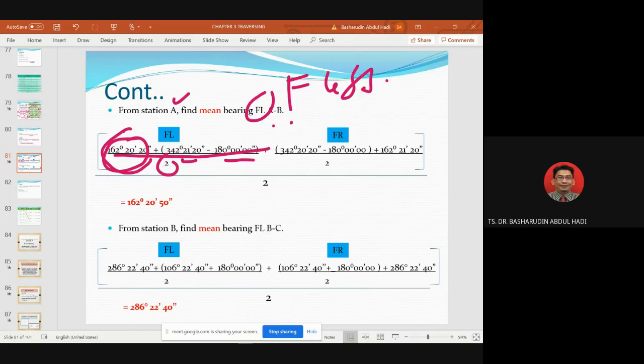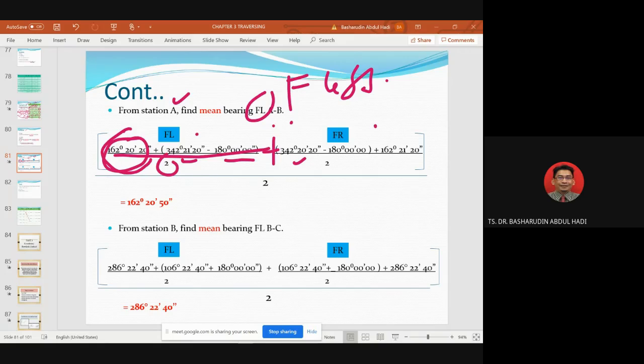And we are doing a plus here, face right, 342 degree 20 minute 20 second, minus 180 degree, plus 162 degree 20 minute 20 second. This one is the second data. So first, face left, face right.